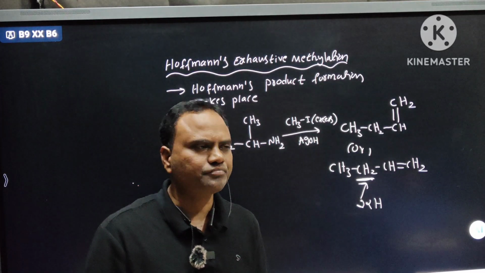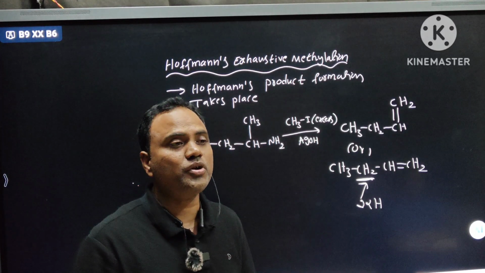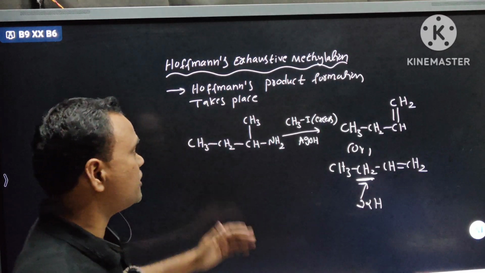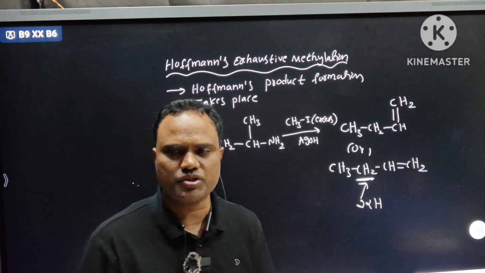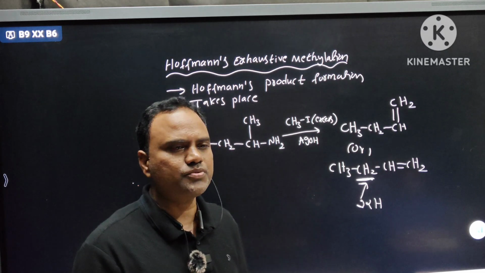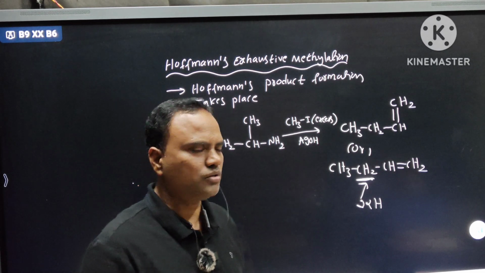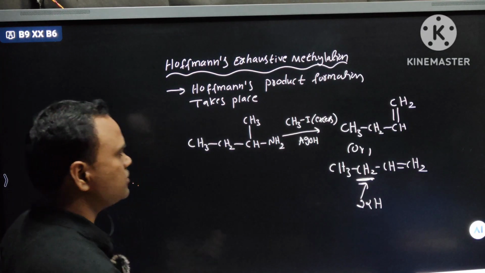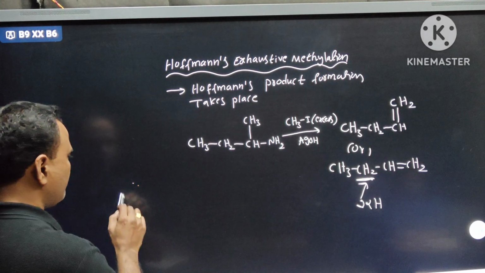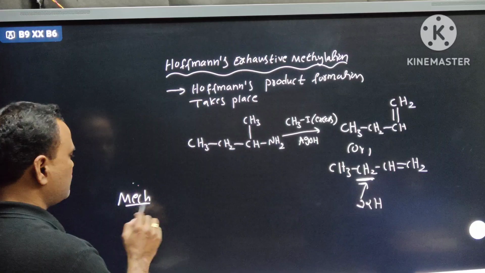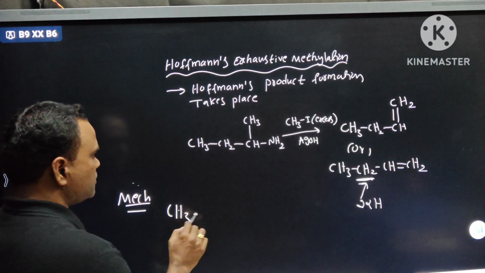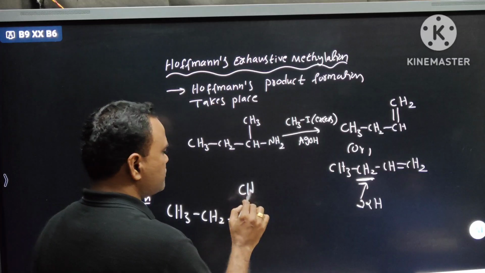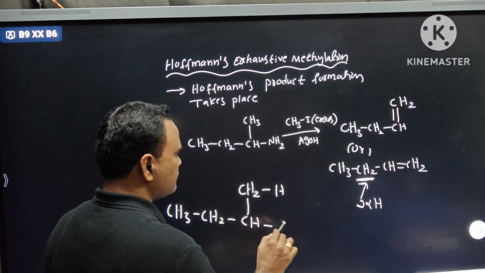Generally Saytzeff's product is the major one, the highly substituted alkene. But the speciality of Hoffman's exhaustive methylation is that we get the less substituted alkene. See the shortcut mechanism for this: CH3, CH2, CH, write this CH3 like this.